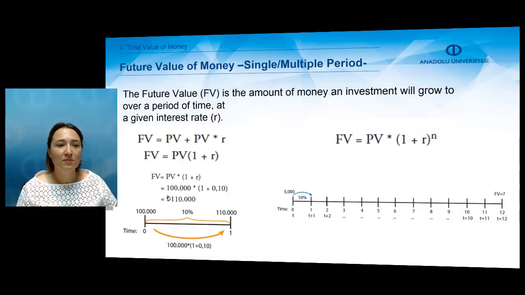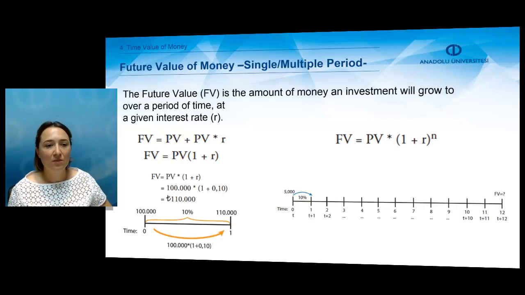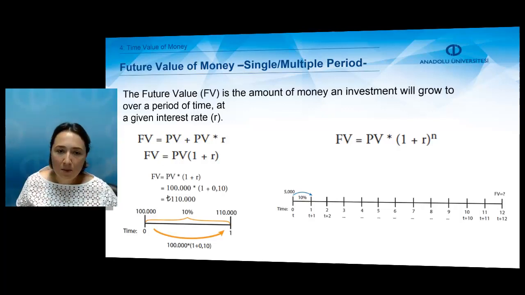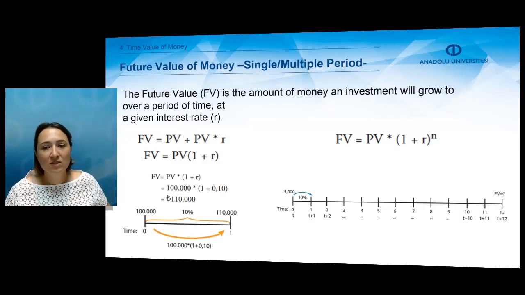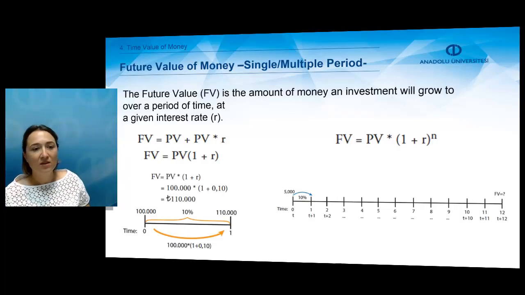The first concept in this chapter is future value. Future value is the amount of money an investment will grow to over a period of time at a given interest rate R. We express interest rate as a percentage, and we use the capital R as an expression.